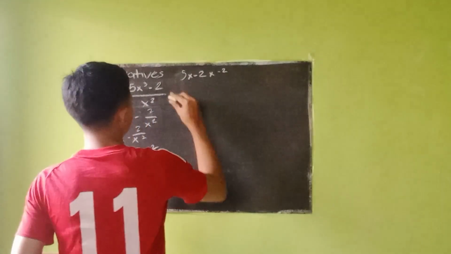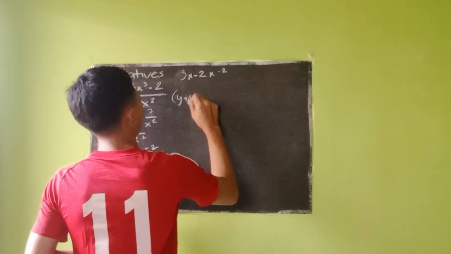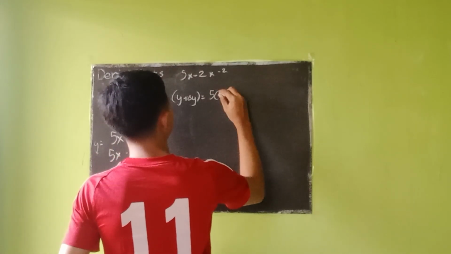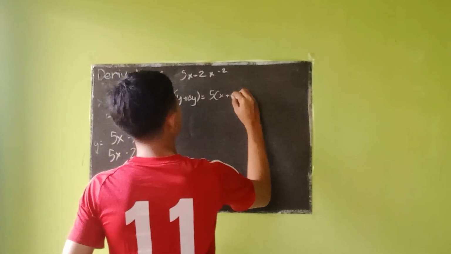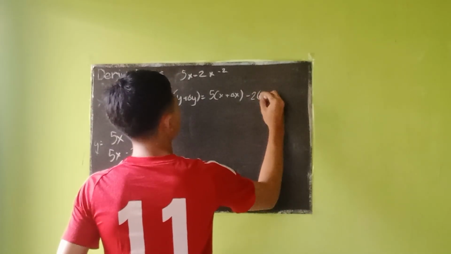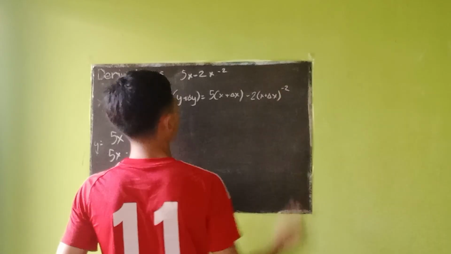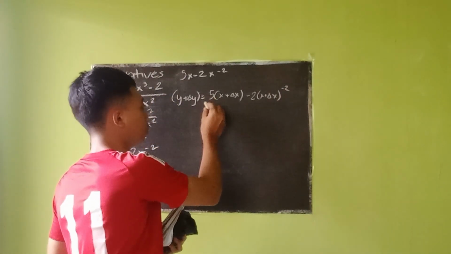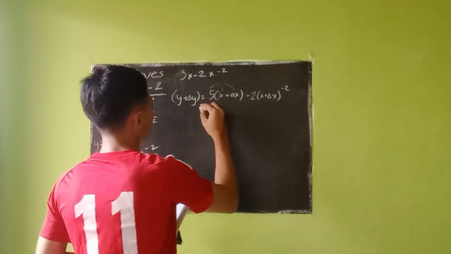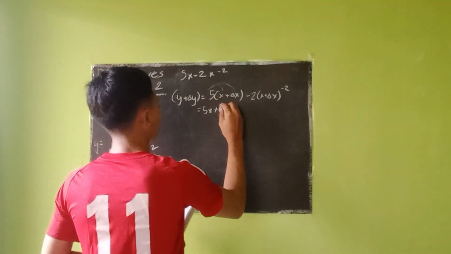So let's do that. y plus delta y is equal to 5 times x plus delta x minus 2 over x plus delta x squared. Then after that, you have to distribute the 5 back to its x and also delta x, which results to 5x plus delta x.